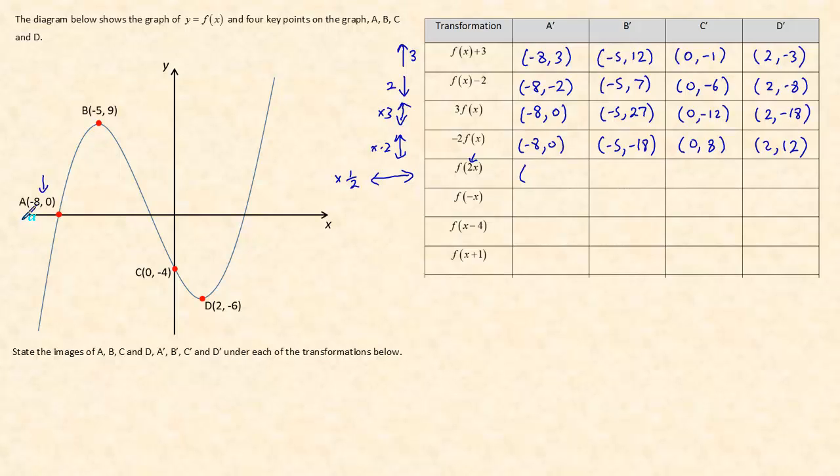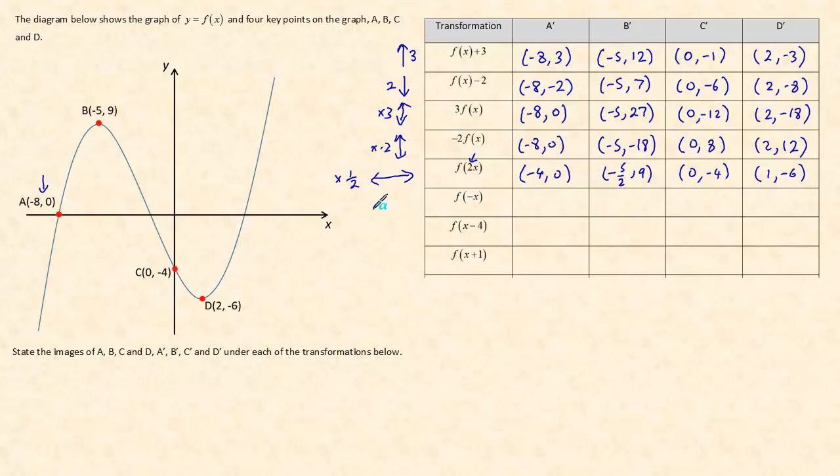So negative 8, multiply that by a half, that's negative 4, and of course the y coordinate's not affected. For this one here, that's going to be negative 2.5, or 5 over 2, and 9. And then a half of 0 is 0 anyway, so that one's not going to move. And then the 2, negative 6 will go to 1, negative 6.